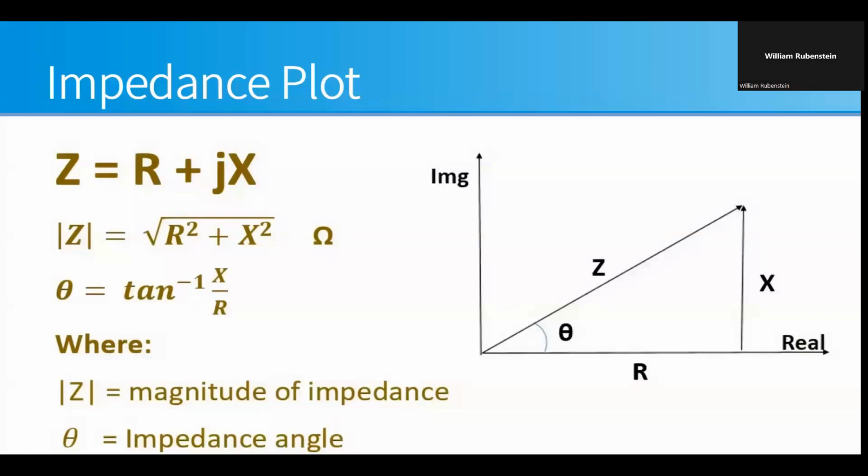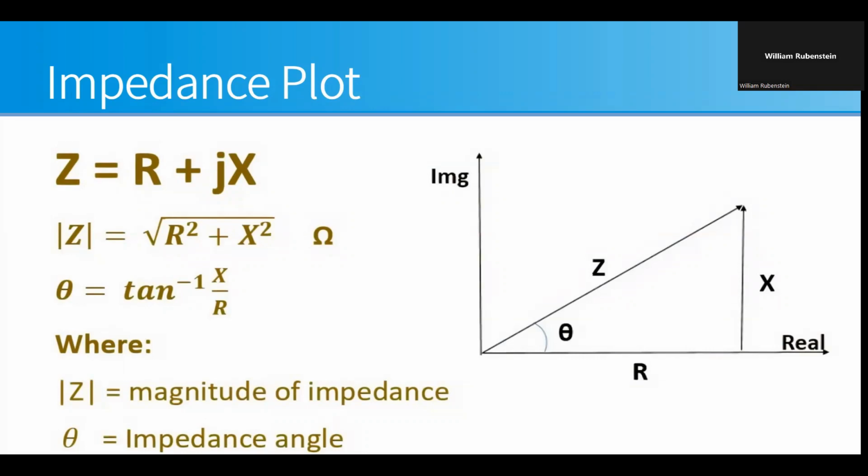Okay, here's the imaginary and real axis, and we've plotted a resistance and the sum of the inductive and capacitive reactances. Because capacitive reactance is negative and inductive is positive, when you add them together it's the difference. So you would plot the difference, and the impedance value is stated as Z equals R plus jX, or the magnitude of this line.